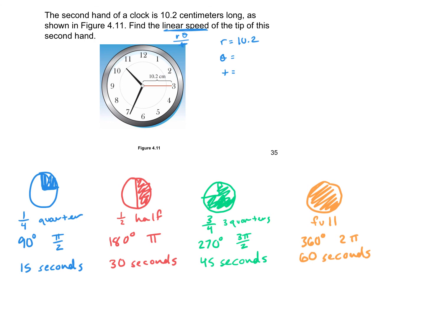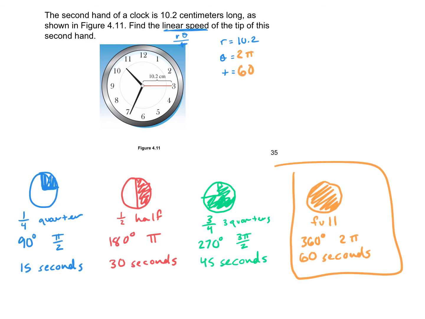So here I'm trying to find the linear speed of a full rotation around the clock. So I'm going to use this one here. What would my theta be? Theta has to be in radians, so 2 pi, and time is 60.